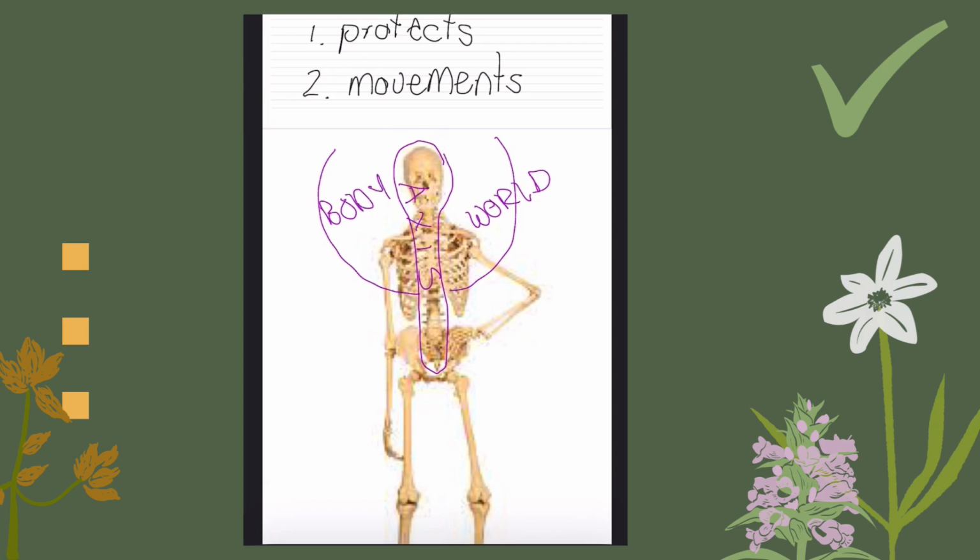Our axial system includes our cranium and our vertebra, so that is the axis part of our skeletal system.